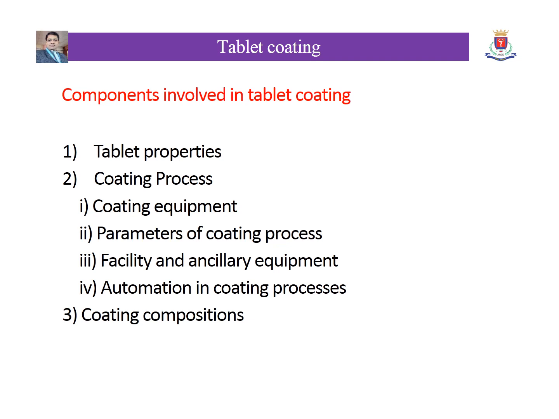There are three components involved in tablet coating. Number one is tablet properties. Tablets that are to be coated must possess the proper physical characteristics. In the coating process, the tablets roll in the coating pan or cascade in the airstream in the coater as the coating composition is applied.